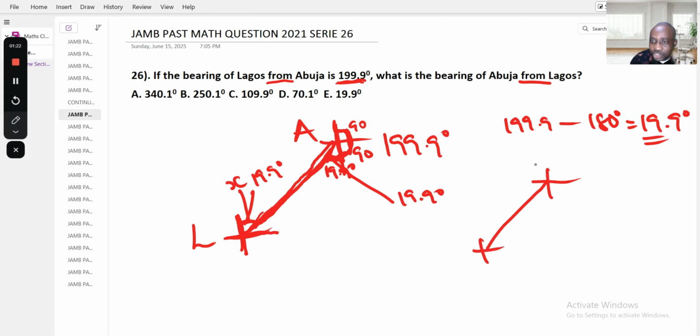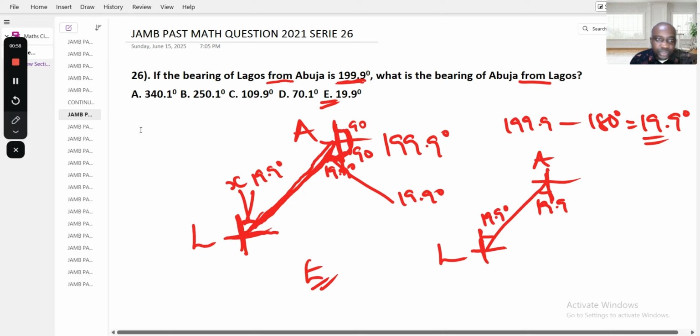This one is A, this one is Lagos. If this place is 19.9, this place will be 19.9, alternate angle. Our final answer is therefore 19.9 degrees. Let's move to the next question.